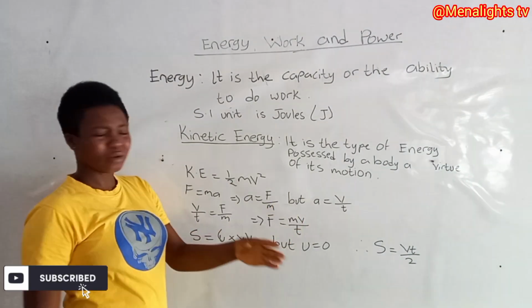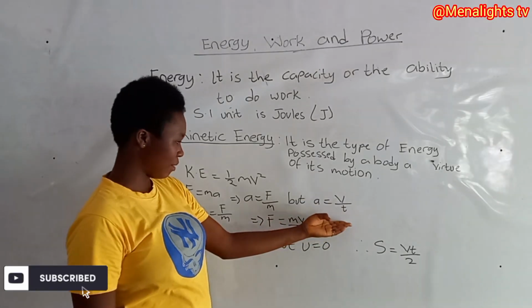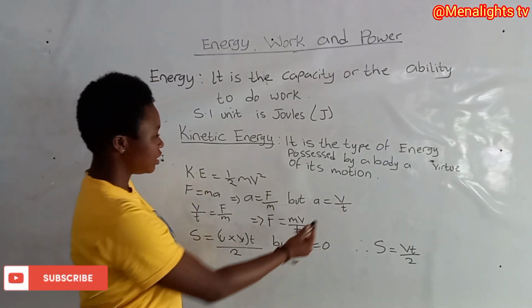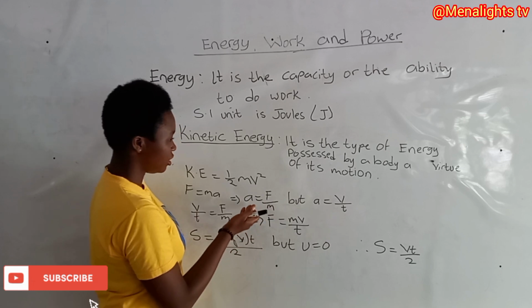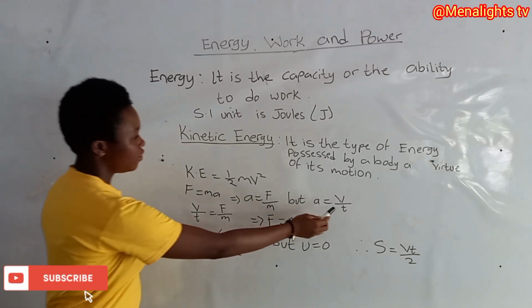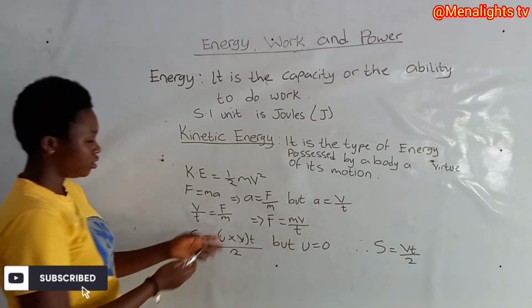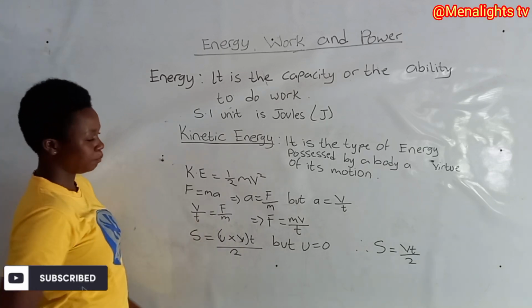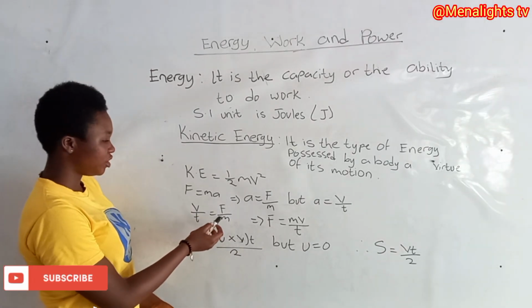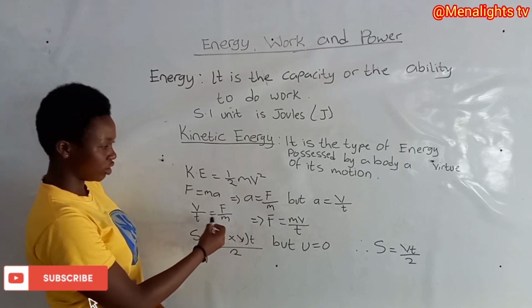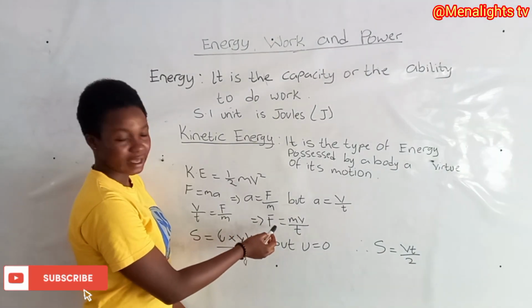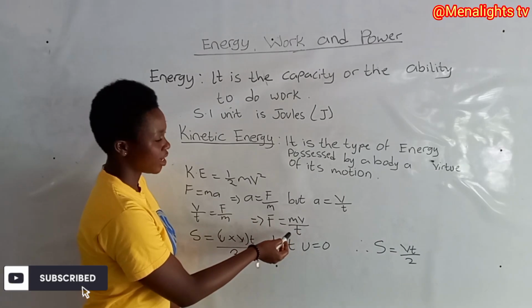But we know that acceleration is velocity over time. So putting this equation into this equation, we have v over t, which is acceleration, equal to F over m. Making the force F the subject, we have F equal to mv over t.